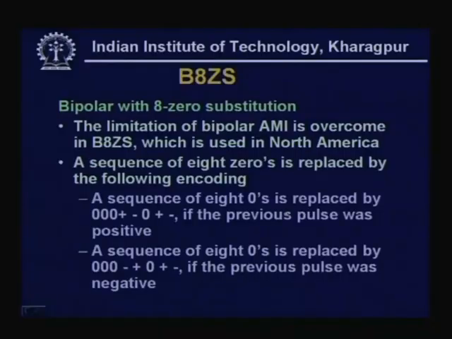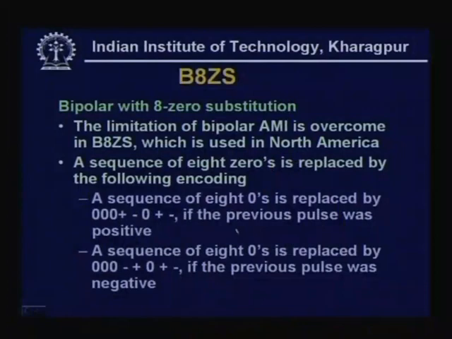and only then will it be possible to do communication. So, it is some kind of protocol that is being followed by both sides for data communication. As long as the number of zeros does not exceed 8, there is no problem. When it is 8 or more, then 8 zeros are replaced by this code.